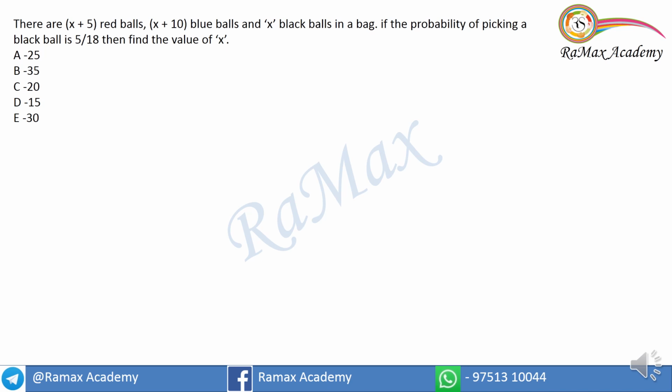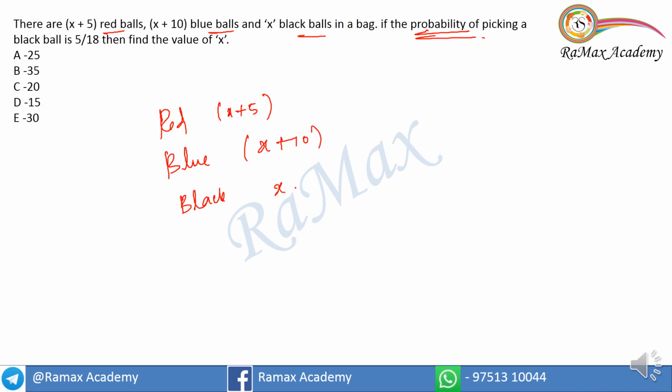Next problem is under probability. There are 3 different balls, red, blue and black. Number of balls in red, x plus 5, blue x plus 10, okay, and black x number of balls.